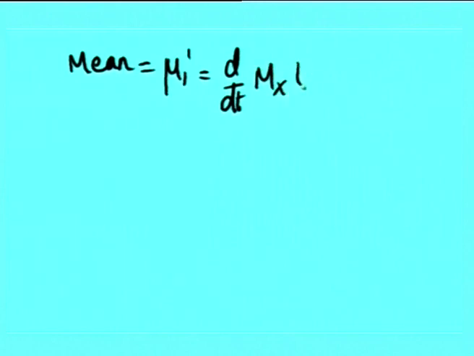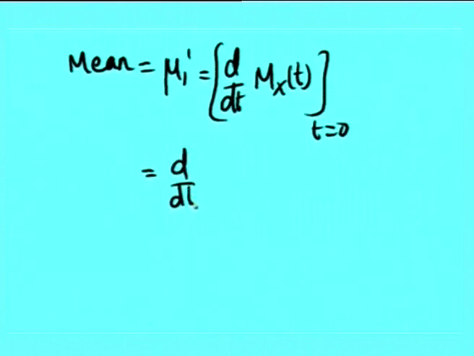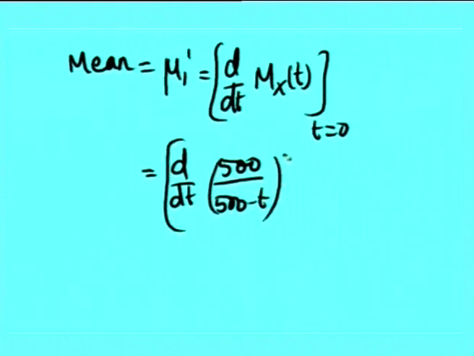We have to find out a mean. Mean is equal to mu 1 dash. Mu 1 dash is d by dt of M x of t at t is equal to 0. So, it is d by dt of 500 by 500 minus t at t is equal to 0.